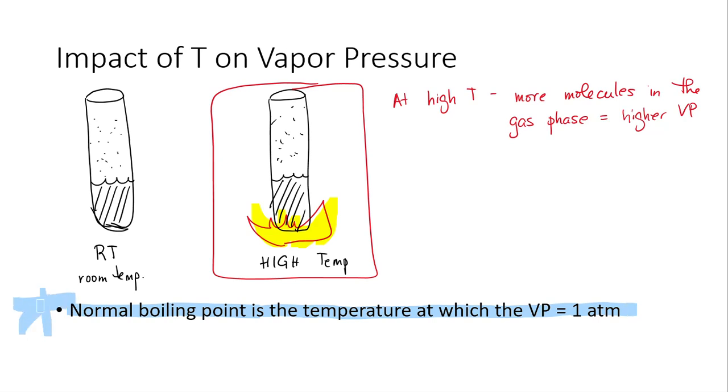This is definitely something that you should get to know, because I use it as a little bit of a trick, I'll be honest. I'll point out where I use it and how. But the normal boiling point is the temperature at which the vapor pressure is equal to 1 atmosphere. Just a boiling point, not normal. That word that's important here is the word normal.